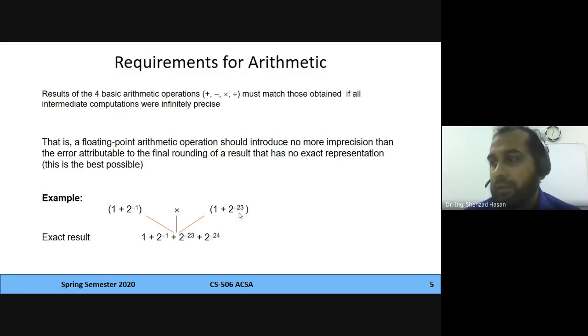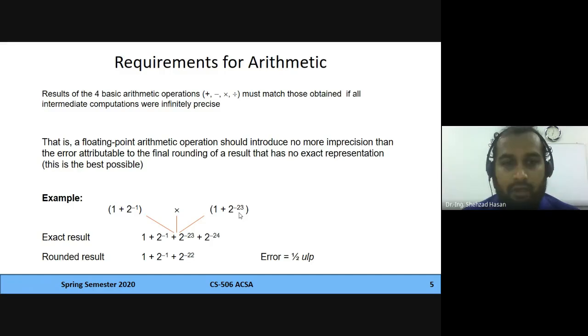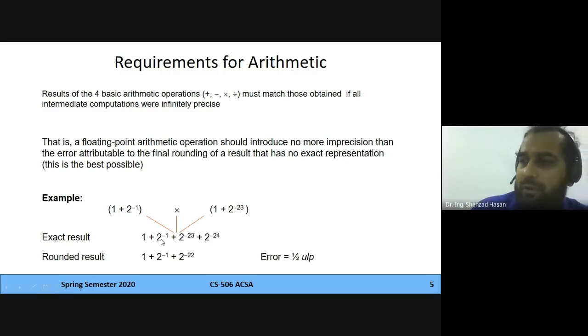Okay, but we cannot store this 2 to the minus 24 because we have just 23 bits. So the result that we are going to store is going to be something like 1 plus 2 to the minus 1 plus 2 to the minus 23. And if you want to truncate it, then you are going to store 1 plus 2 to the minus 1 plus 2 to the minus 23.